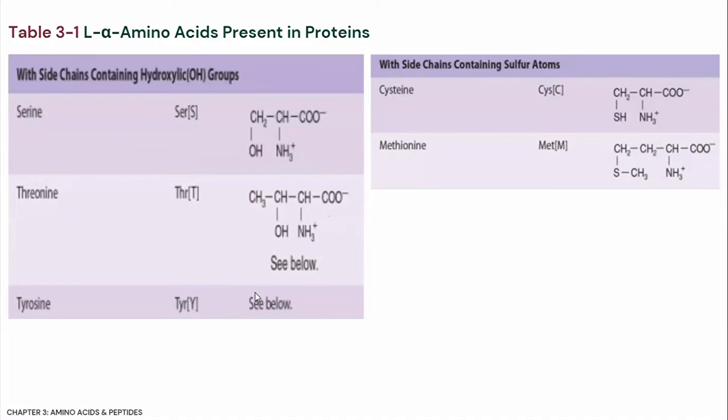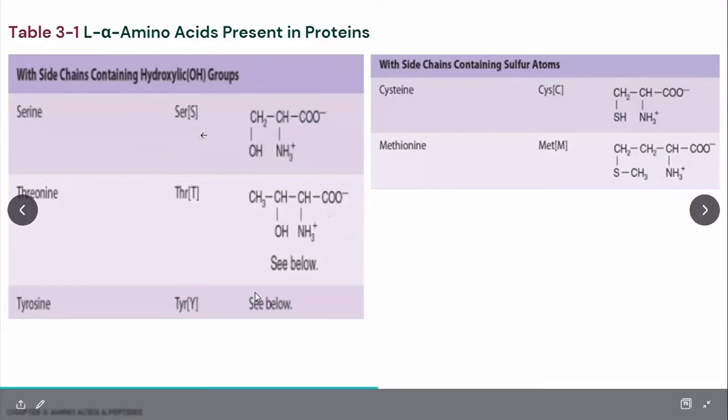Then we have a hydroxyl containing amino acid. We have serine, threonine, and tyrosine. Okay. Serine here, hydroxyl group. You have an OH here on the R group, an OH here. Now for tyrosine, we will look at this when we go to the aromatic group.